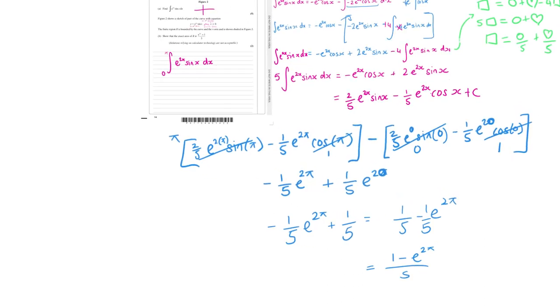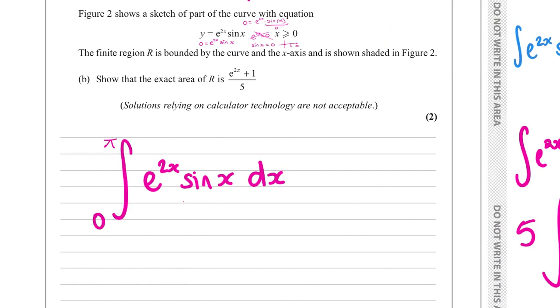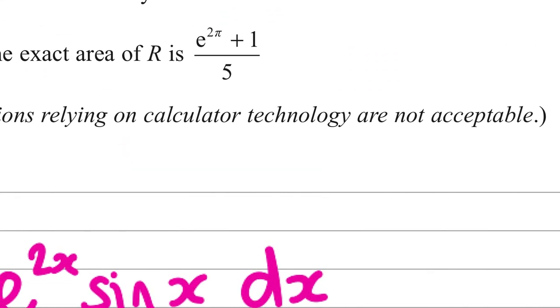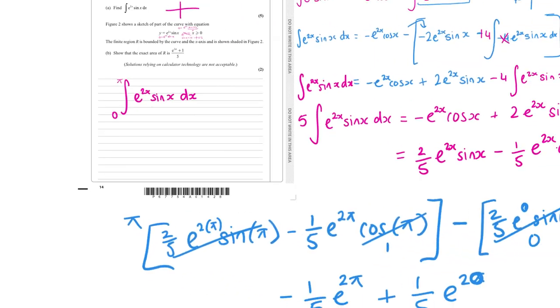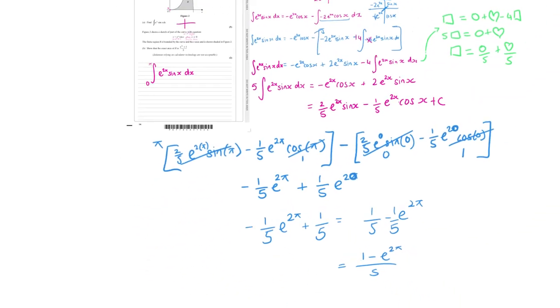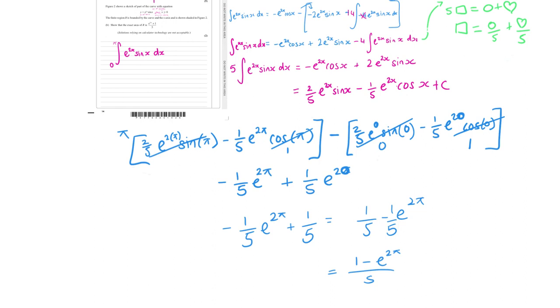Is that what we were doing? Okay, why do they have e to the 2 pi plus 1/5? Okay, cos of pi is -1, which makes this a plus, which makes this a plus. Which equals this.